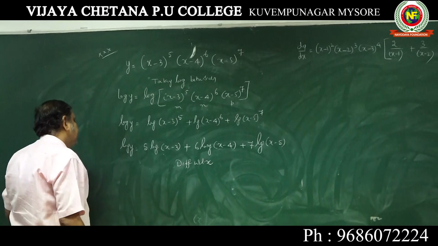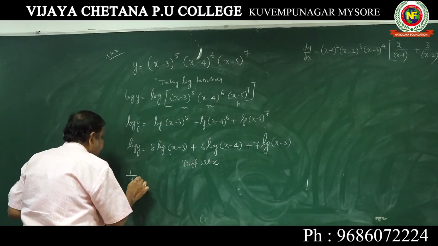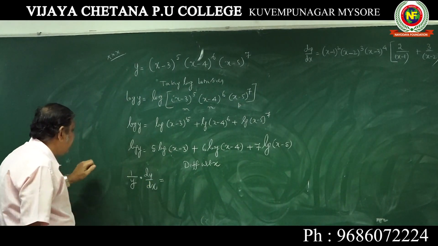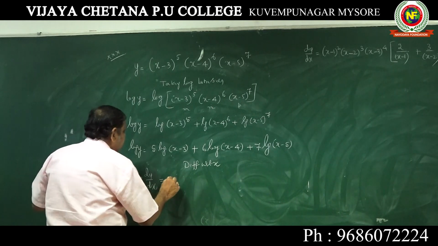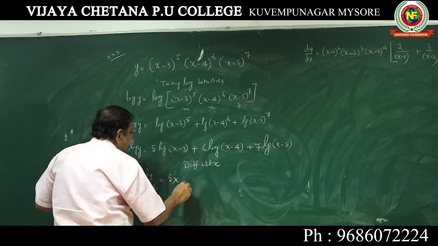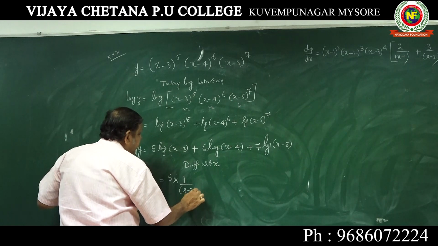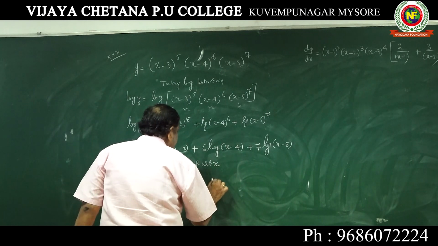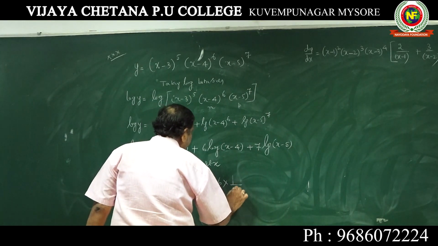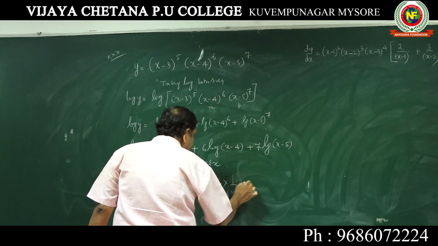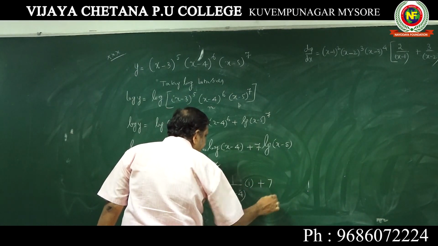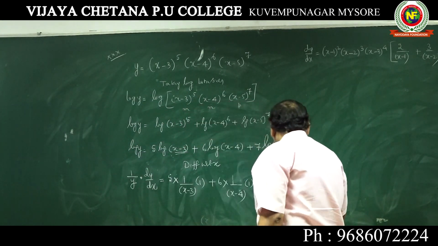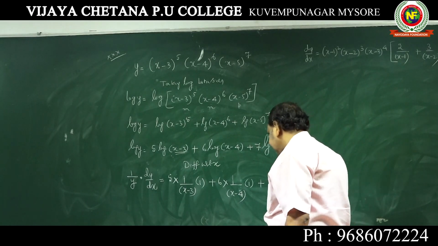When you differentiate with respect to x, 1 by y into dy by dx is equal to 5 into 1 over (x minus 3) into the differential quotient of (x minus 3), that is 1, plus 6 into 1 by (x minus 4) into 1, plus 7 into 1 over (x minus 5) into the differential coefficient, which is 1.